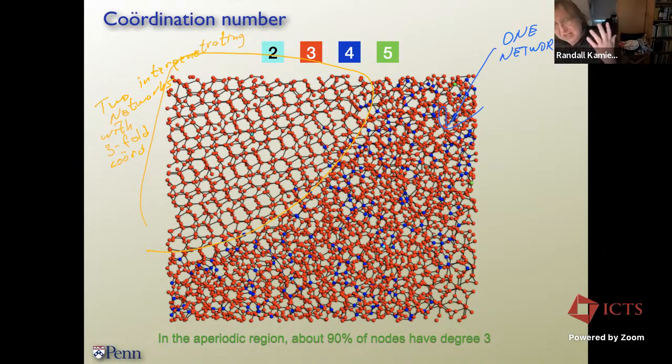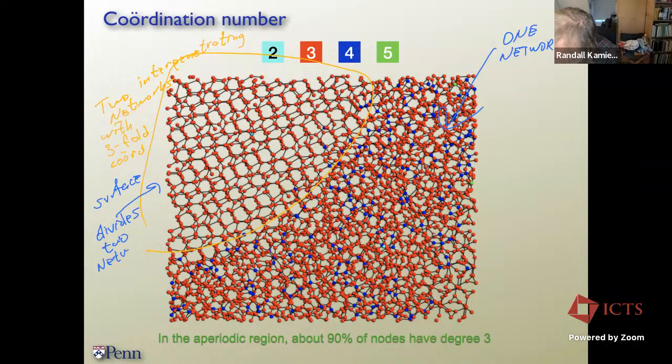So let me try to say what's weird here. On the upper left, there's a surface that divides two networks. And it's the gyroid.